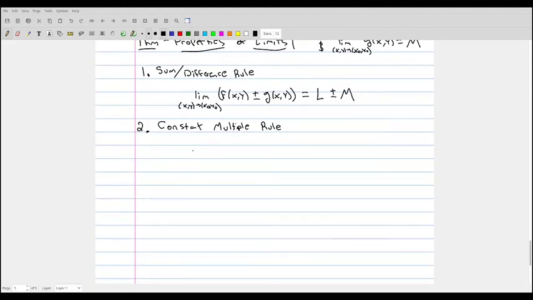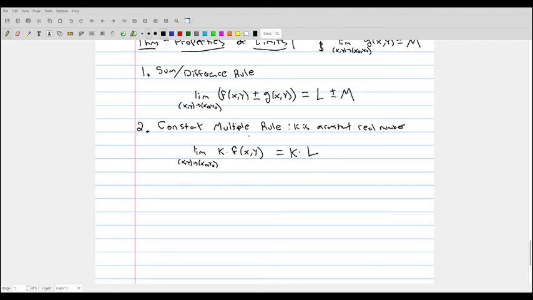It says that the limit as you approach a point of k times some function, where k is a constant real number, is the same thing as k times the individual limit of the function, if that limit exists.